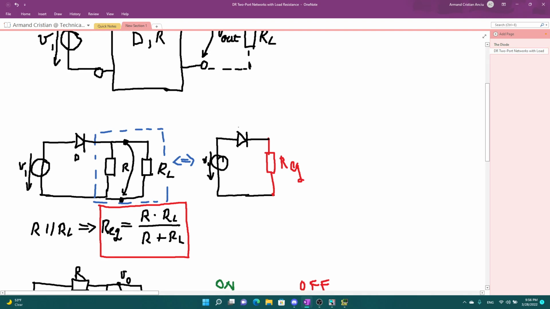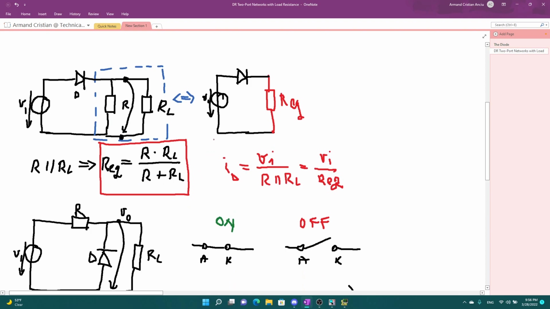So for when the diode is on, the current through the diode, according to Ohm's law, is VI, the input voltage, over R in parallel with RL. If you want to go even further, it is VI over R equivalent. We know this from Ohm's law.